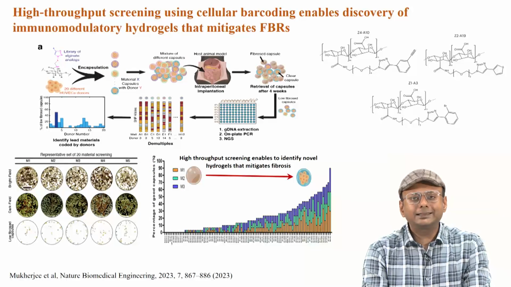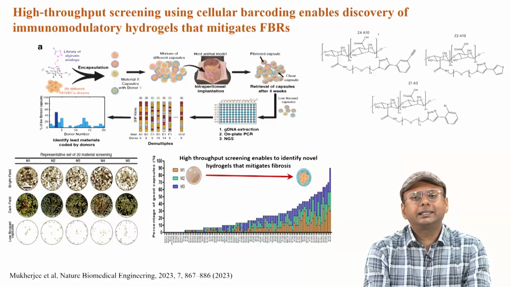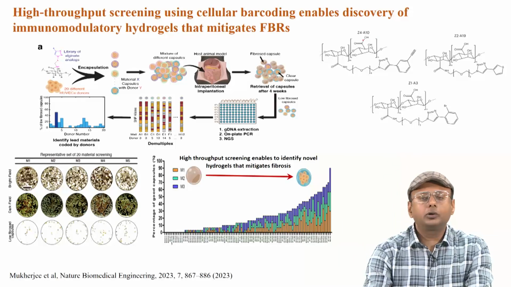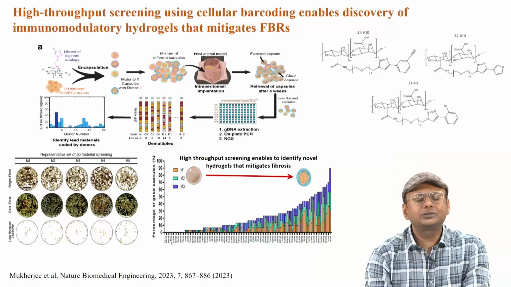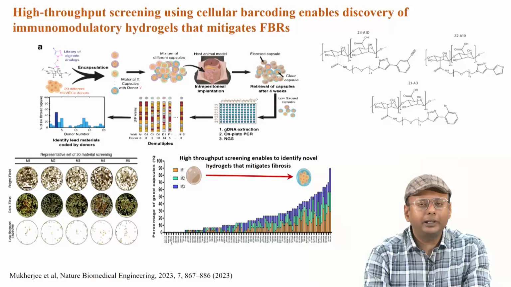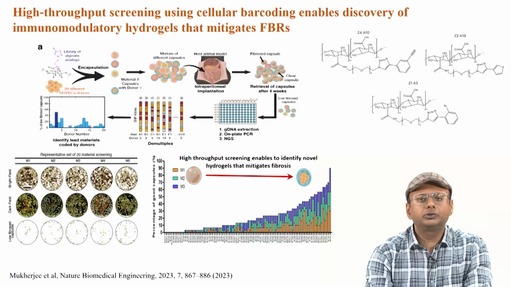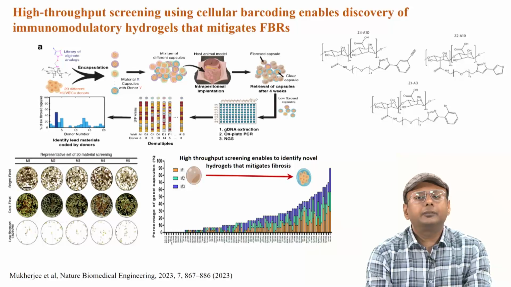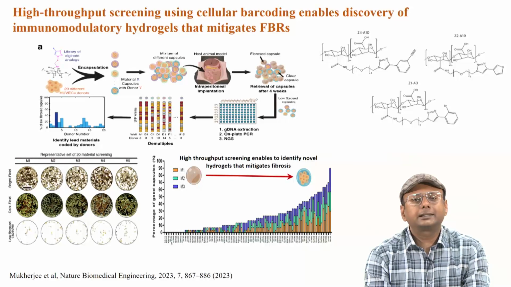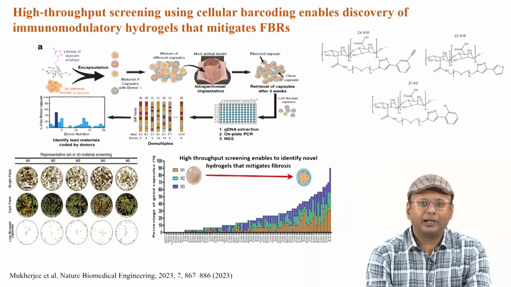To do this screening, we took a genetic barcoding approach. I am not going to discuss it in detail because this would divert from the actual topic, but just to give you a short idea, there is no proper screening approach in vitro for fibrosis.